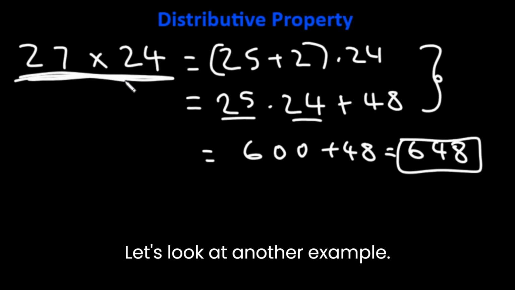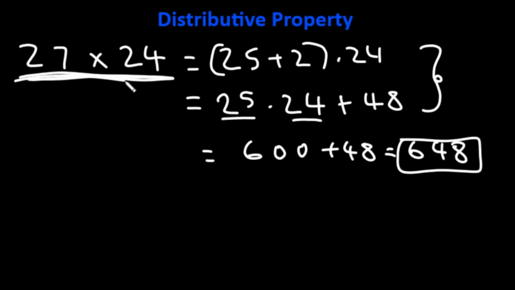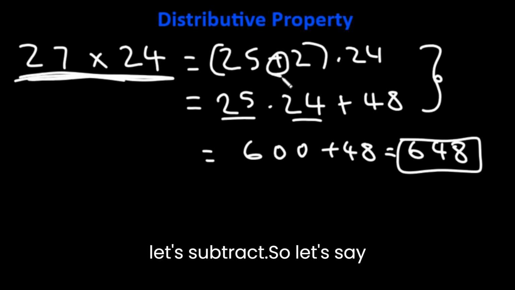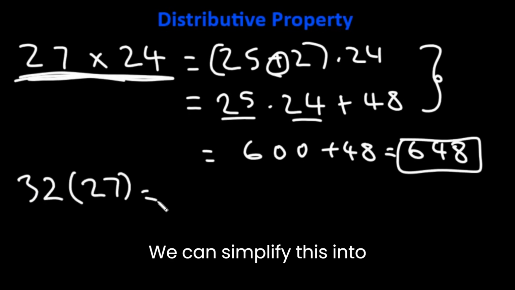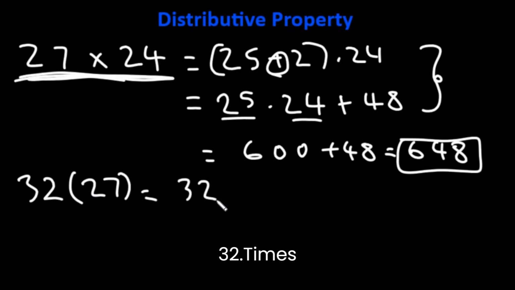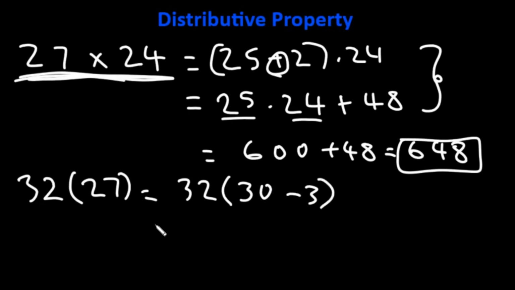Let's look at another example. Except this time, instead of adding, let's subtract. So let's say we have 32 times 27. We can simplify this into 32 times 30 minus 3.